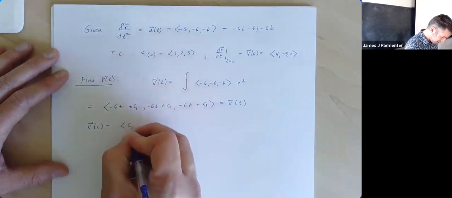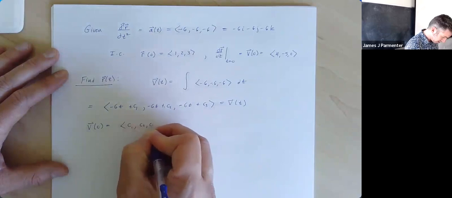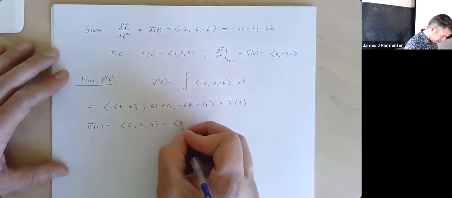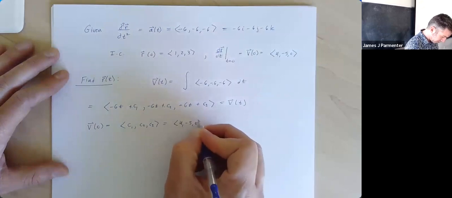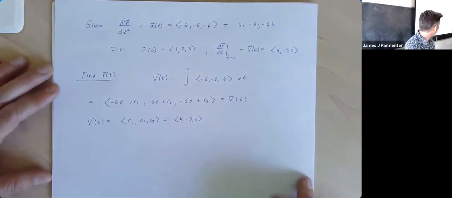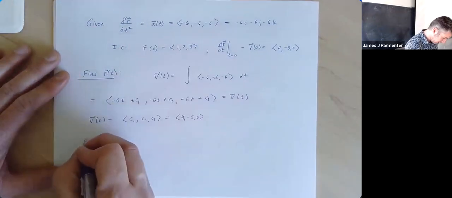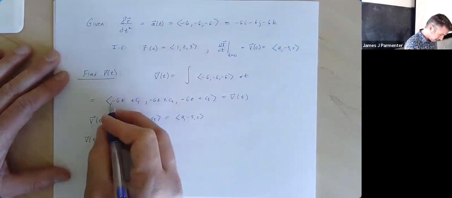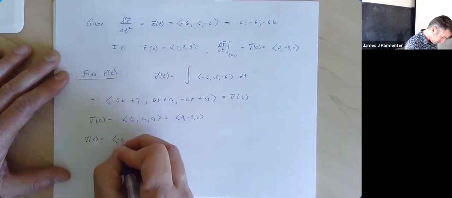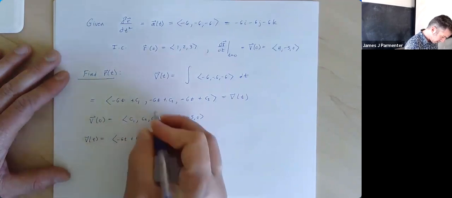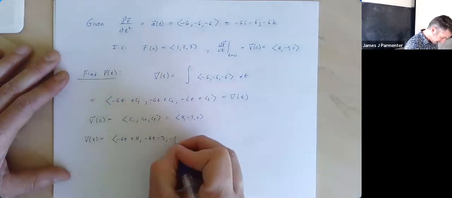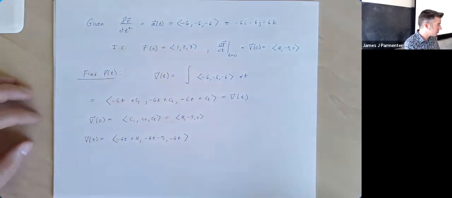That's just going to be c1, c2, c3, but that's equal to the given initial condition <4, -5, 0>. So now we know that our velocity vector is <-6t plus 4, -6t minus 5, -6t plus 0>.